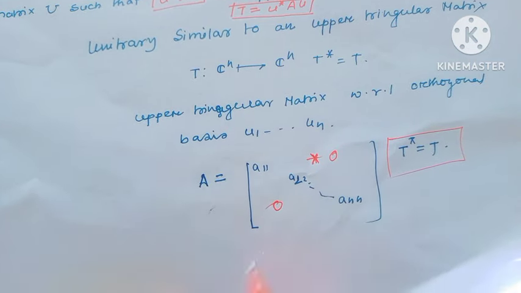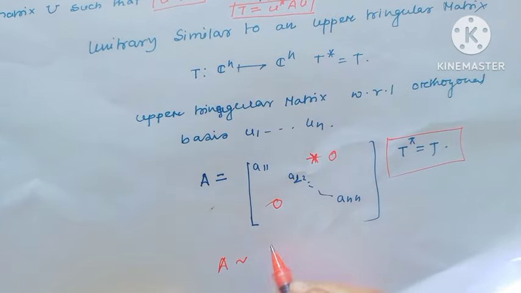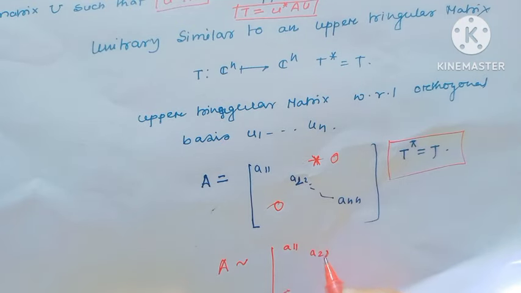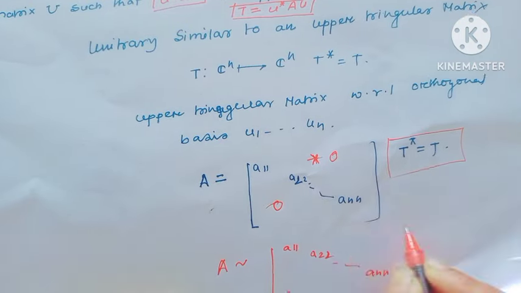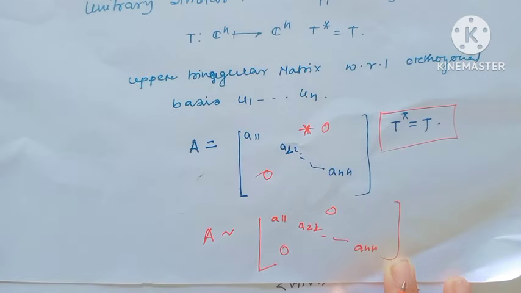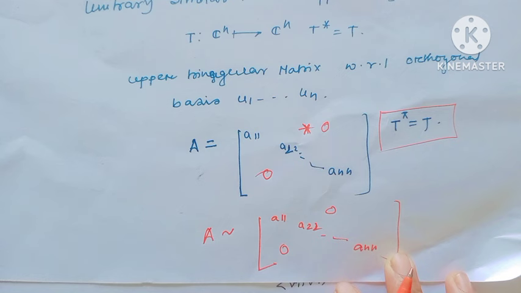That means A is similar to the diagonal matrix with entries a11, a22 up to ann and the other part 0. So when the operator is self-adjoint, it is similar to a diagonal matrix. I hope all my viewers have understood.